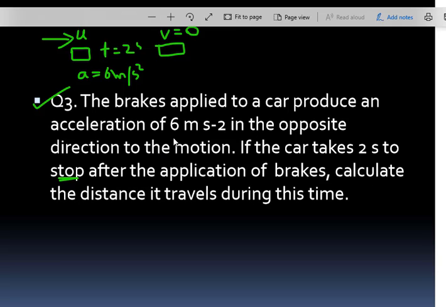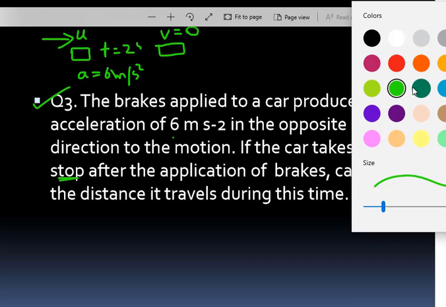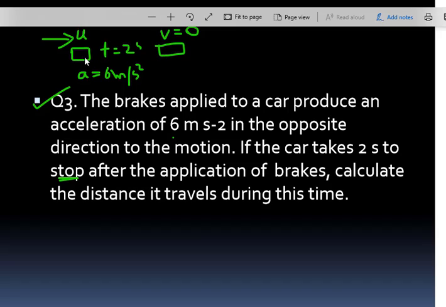Okay, so let me make you understand this question again here. Here this is a car. Initially the car was moving with certain velocity u, that is the initial velocity. When the brake is applied, after 2 seconds the car will stop. So initial velocity is u, which is not given in the question.